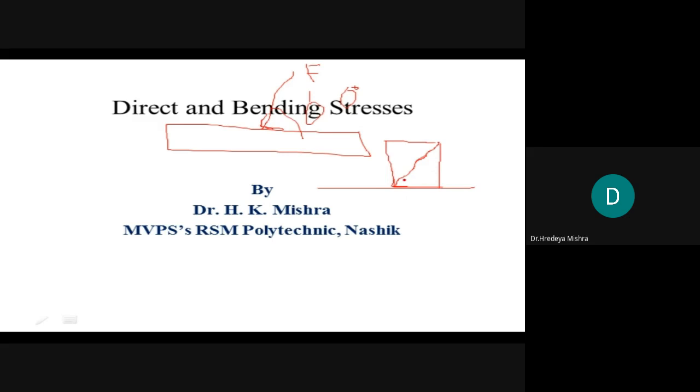If this is theta, which is 60 degrees, and this is F, the magnitude of the force in this particular direction, then what are the vertical and horizontal components, this and this?